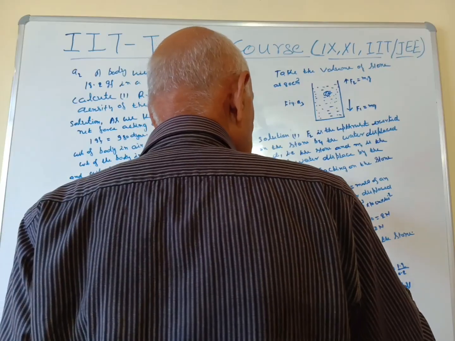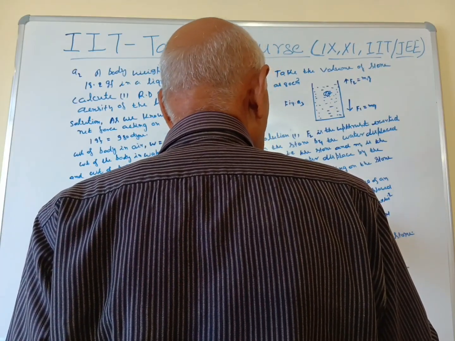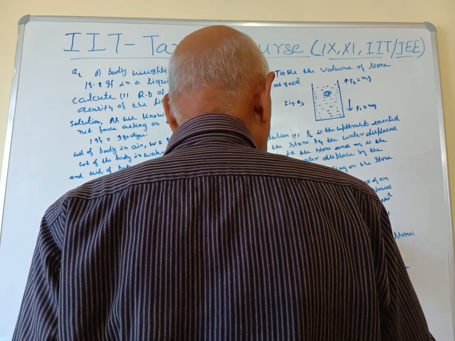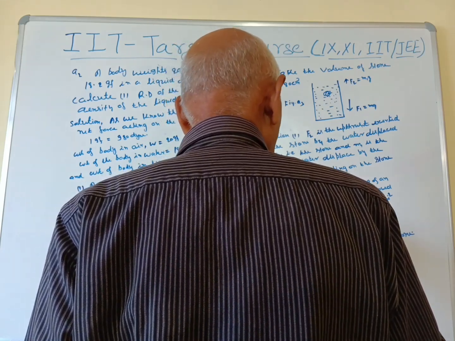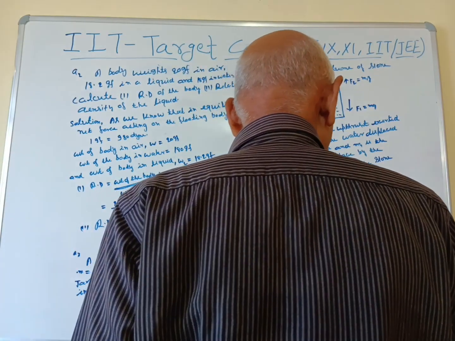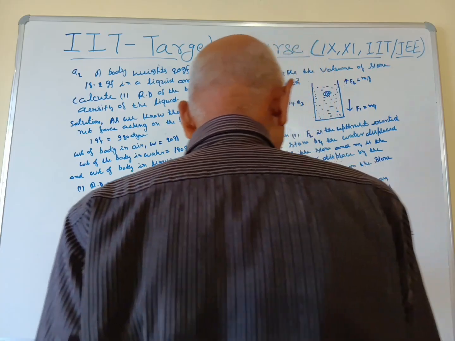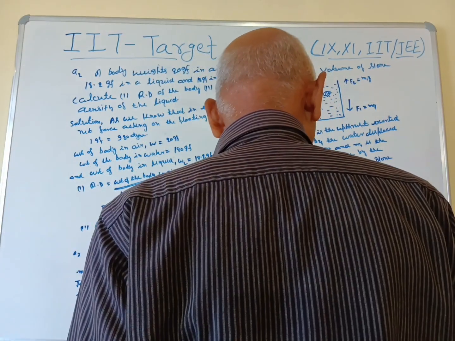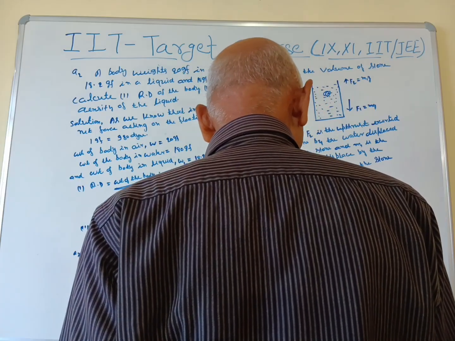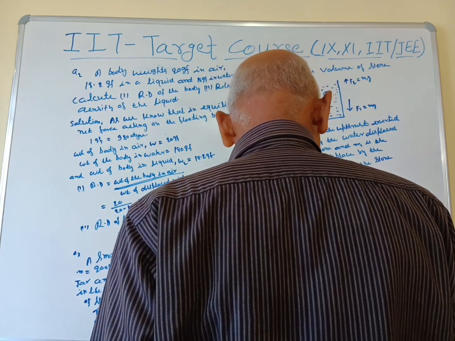Second, net force acting on the stone equals F1 minus F2, where F2 equals M1 g. M1 equals mass of an equal volume of water displaced by the stone equals 80 into 10 to the power minus 3 kg, F2 equals 0.8 Newton, F1 equals 2 Newton.